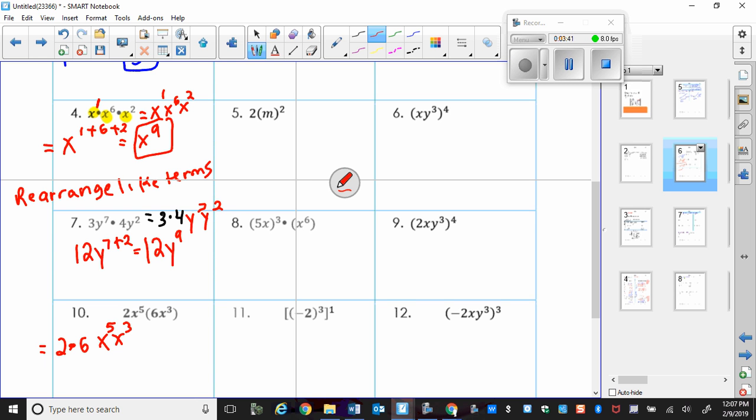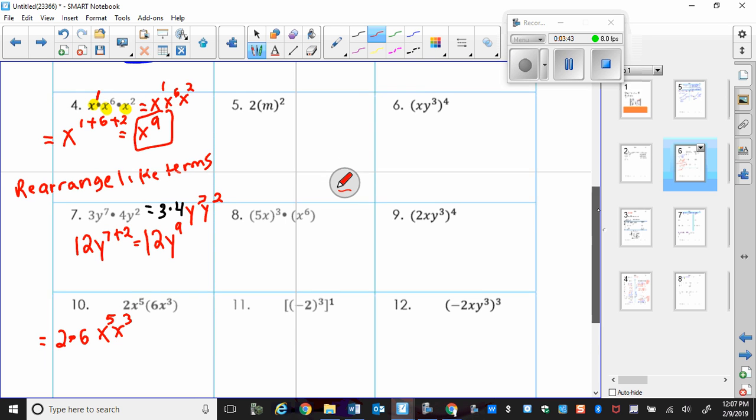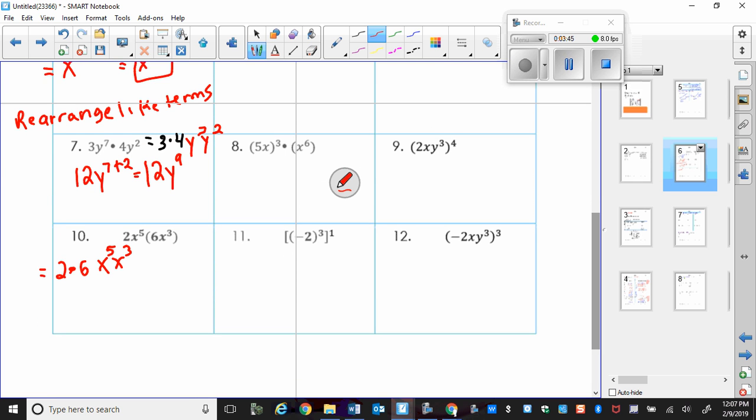When I do that, I can kind of see a little bit better of what I need to do. Well, 2 times 6 is 12. X to the 5th plus 3 equals 12x to the 8th. All right. So that's adding exponents.